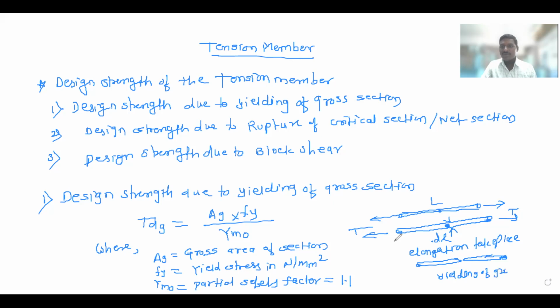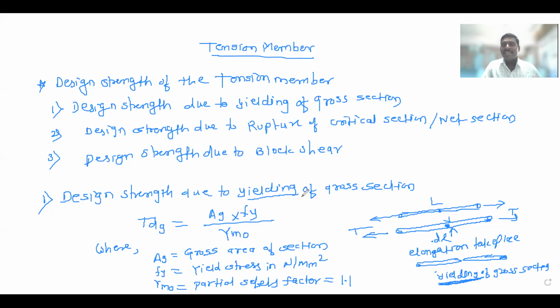Yielding of cross section means if we apply the tensile force on this particular rod or angle, it will elongate, and at one end it will fail. And that failure is due to which condition? The condition is yielding.